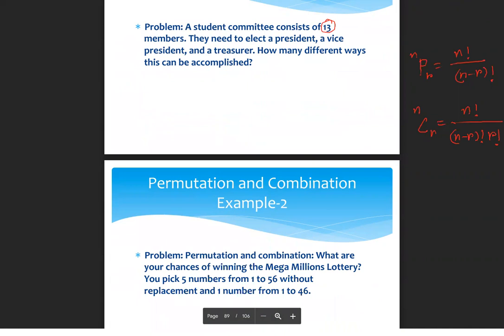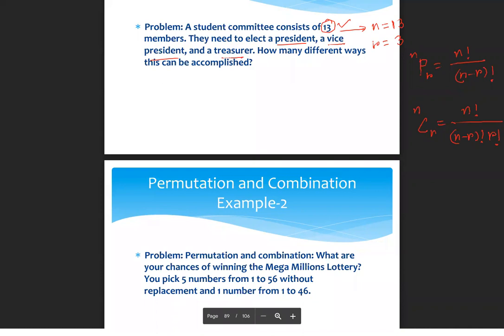How many are you selecting? 3 of them, because someone needs to be president, another person vice president, and another person treasurer. So your N, the number of distinct items, is 13, and your R is 3.